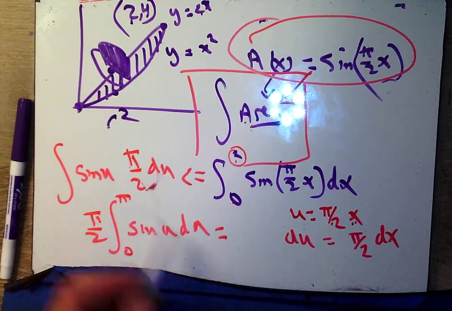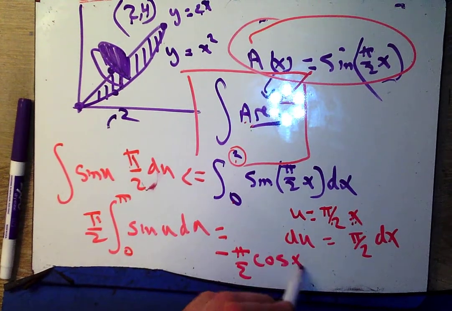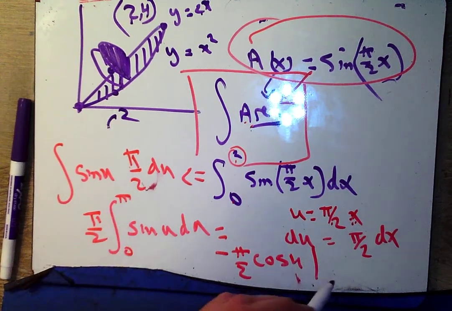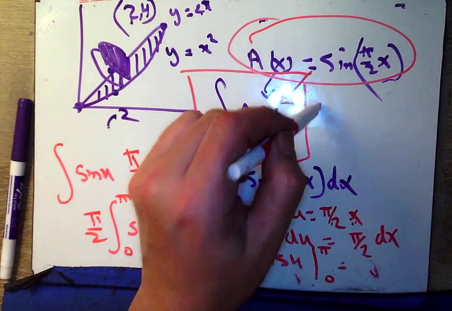So what's my antiderivative here? Well, the antiderivative of sine is negative cosine, and that's a u. And I'm going to evaluate it. Cosine of pi is, it's definitely not enough space. Let's go up here.